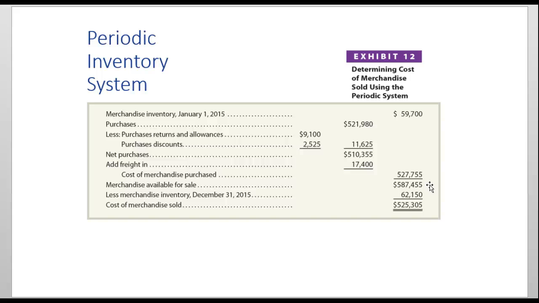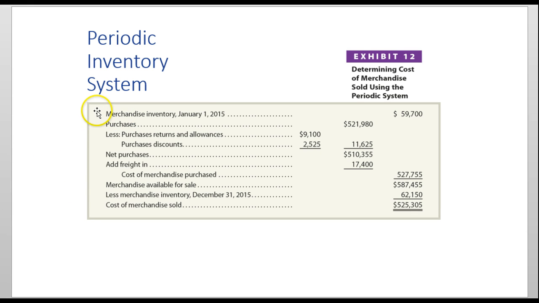Now I go out and I count my inventory and I find out that I have $62,150 left. That means I've sold this much, $525,305. That is the cost of the inventory that I've sold. And that then becomes incorporated into an income statement.